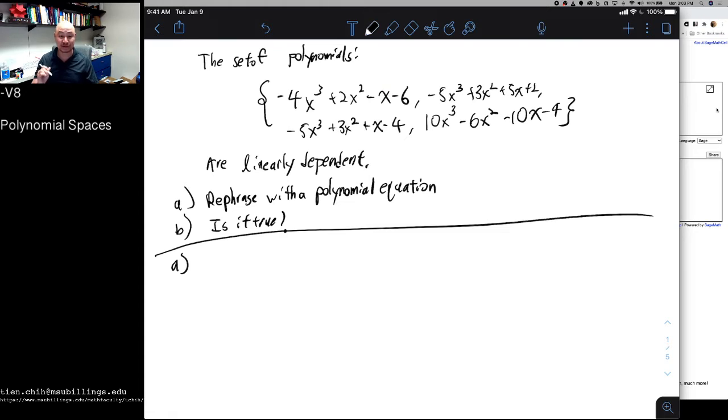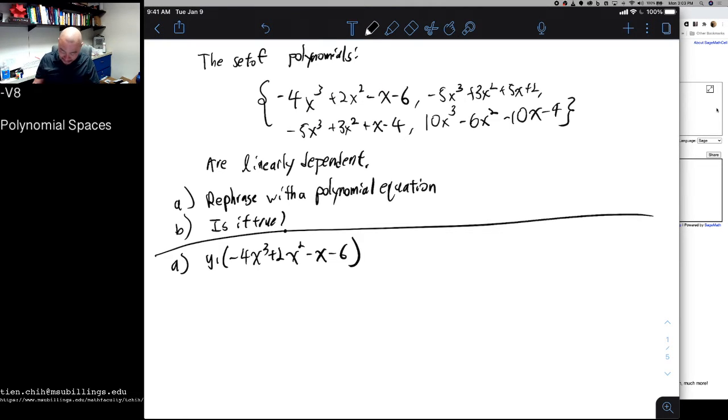That should have some sort of equation. So in other words, it's the claim that y1 times the first of our polynomials, right? We're not going to treat these any differently than we would have treated vectors, but I do want to change the x's we used before to y's because I don't want to get confused with x's here, right?